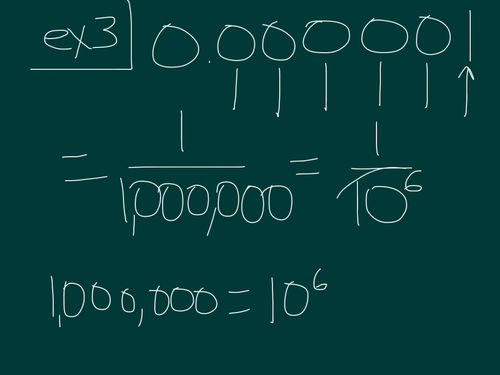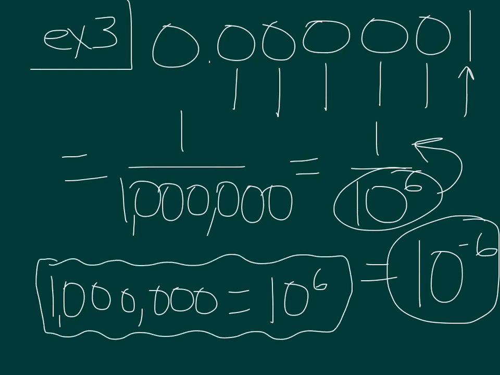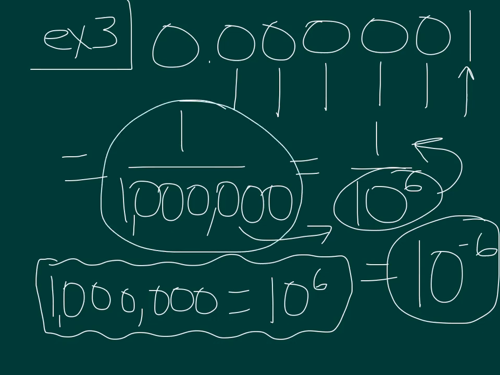So we're going to take this whole thing and put it on top, which gives us 10 to the negative 6 power. Alright, so this over here was just extra information to get us from here to there. So the final answer is 10 to the negative 6 power and 1 over 1,000,000. Those are the two answers.